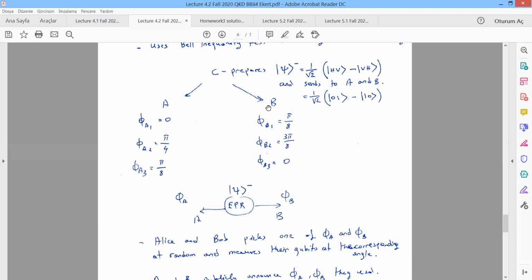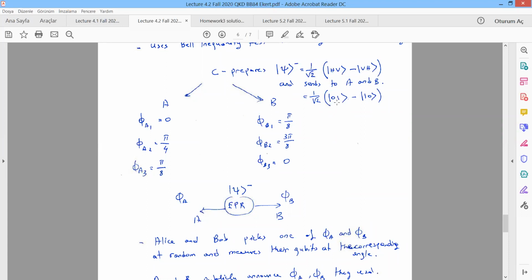This time, let's suppose Charlie prepares the state ket psi minus, which is 1 over square root of 2, ket horizontal vertical minus ket vertical horizontal. Now again, I'm assuming over here we are using photons, but you can always use the standard basis, ket 0 and ket 1, instead of the horizontal and vertical polarizations.